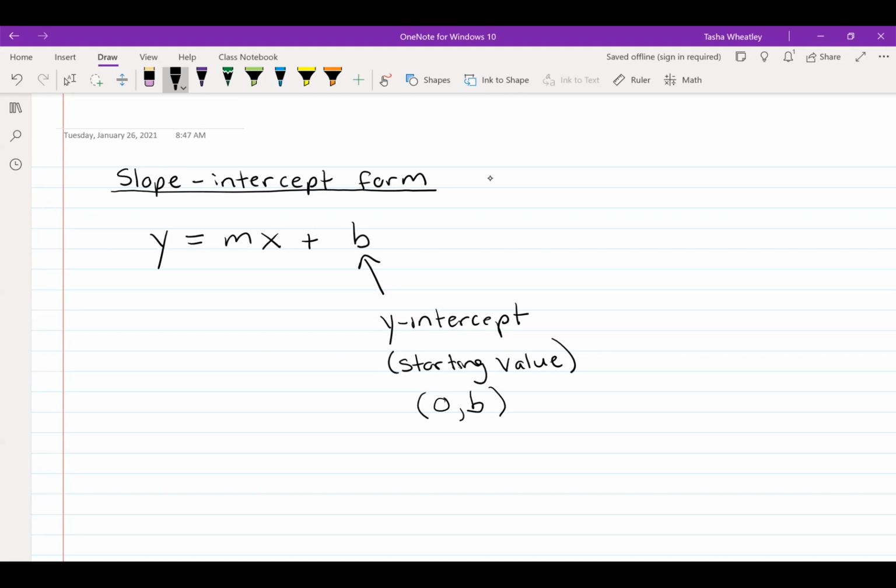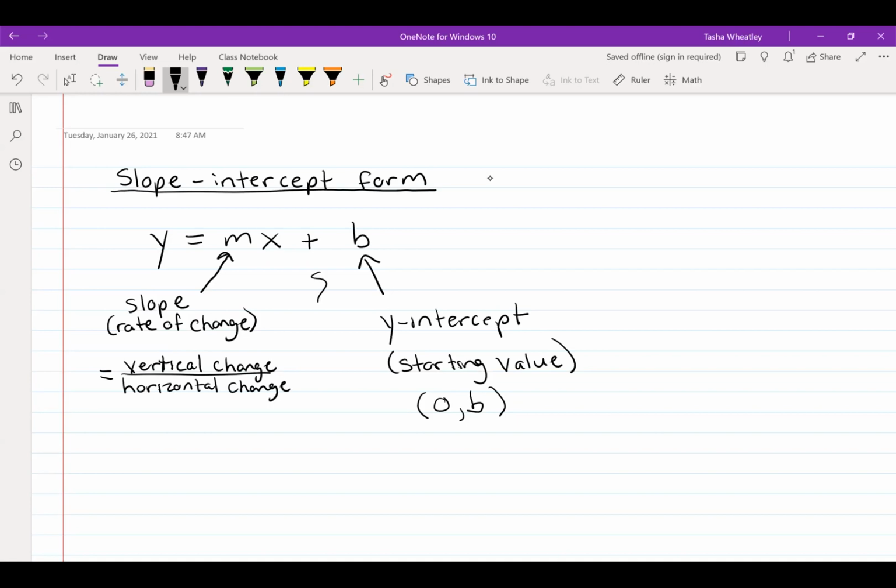The other piece is m, which is our slope or our rate of change. And some of the things that we've already talked about is that it's the vertical change divided by the horizontal change. And if the things are getting closer together, you could draw a line to make sure that you can separate what goes with what.